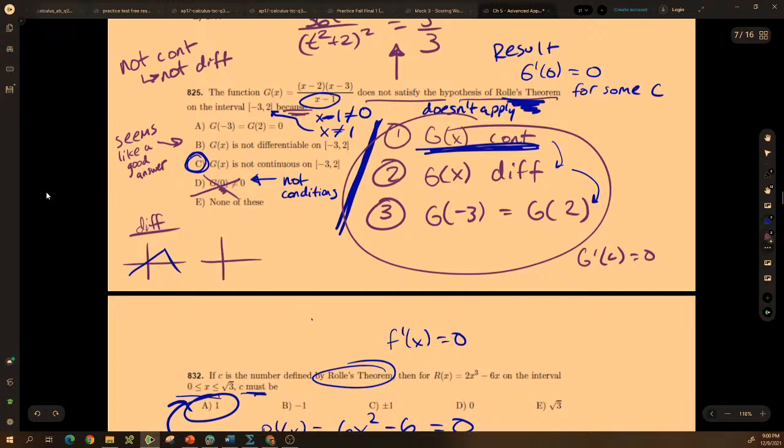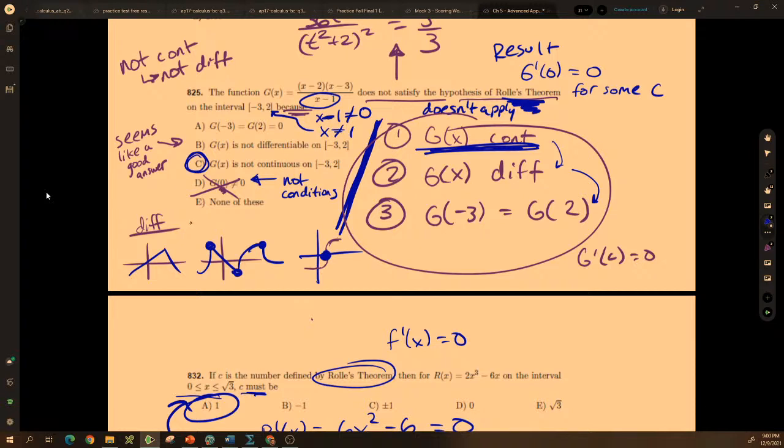We have any kinks or cusps. All of these spots are not differentiable. And then we also have our vertical tangent lines, which are not differentiable. So all three of those are not differentiable.